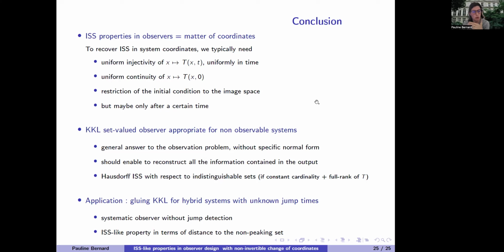Then I showed you two cases of observer design, which is set-valued in some sense.